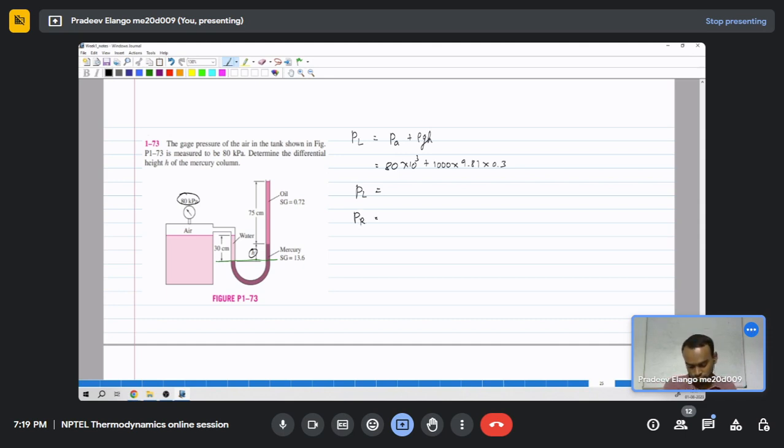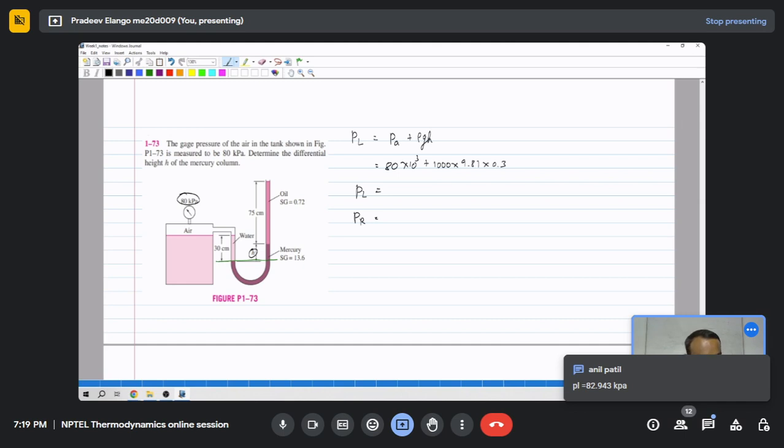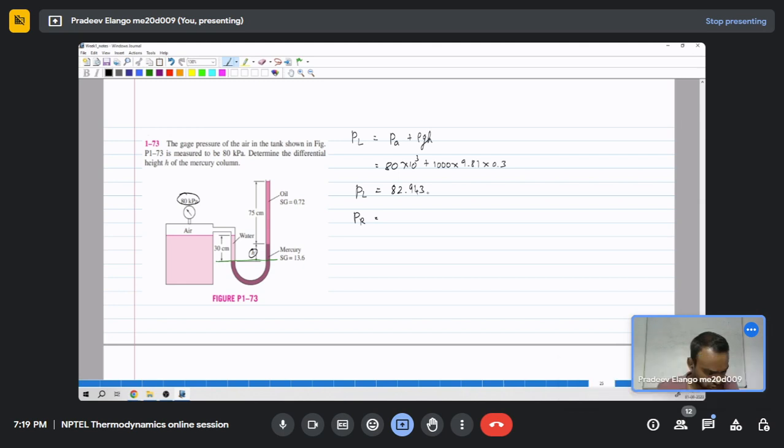Someone solve this. 82,943.52 pascals. Similarly, on the right hand side we have rho GH for mercury plus rho GH for oil.